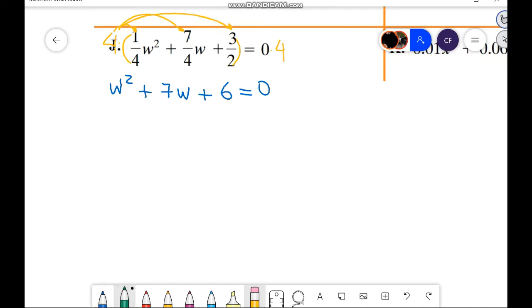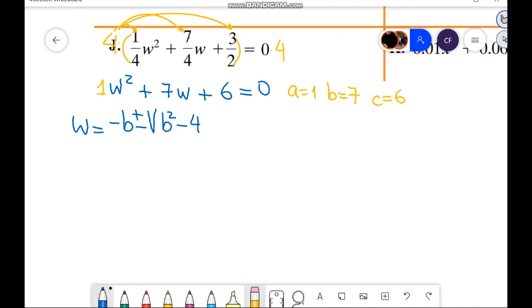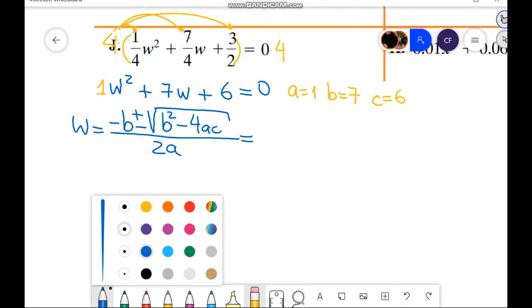Right? You have to find out A, B, and C, and plug into the formula. W equals -b plus or minus the square root of b squared minus 4ac over 2a. Plug in the numbers, and you're going to find the solution.